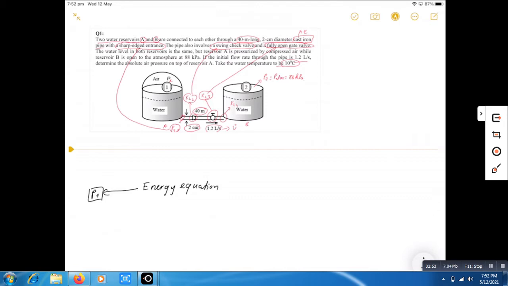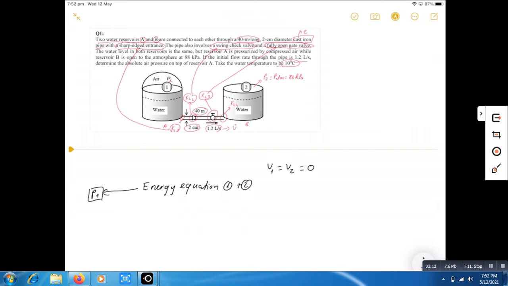To write the energy equation, we have to choose two points. In this case, we choose point 1 and point 2 on the water surface, because on the water surface the velocities V1 and V2 are equal to 0.